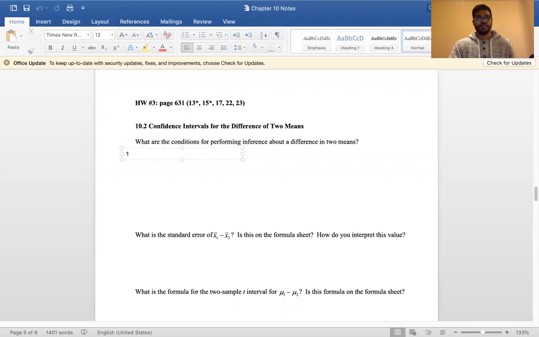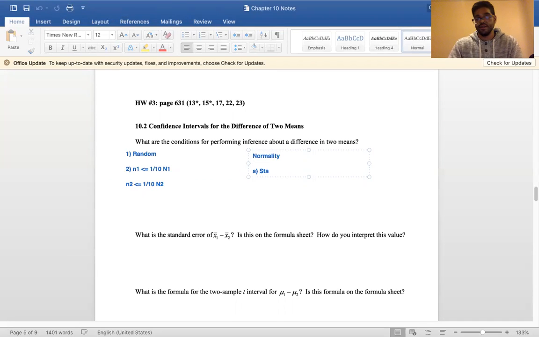So one, again, you're gonna see a lot of similarities between what we did before in chapter 9 and this. So one, random. Two, n1 needs to be less than or equal to 1/10 big N1, and n2 needs to be less than or equal to 1/10 big N2. Okay. And then we have to check normality. So a couple ways we do that.